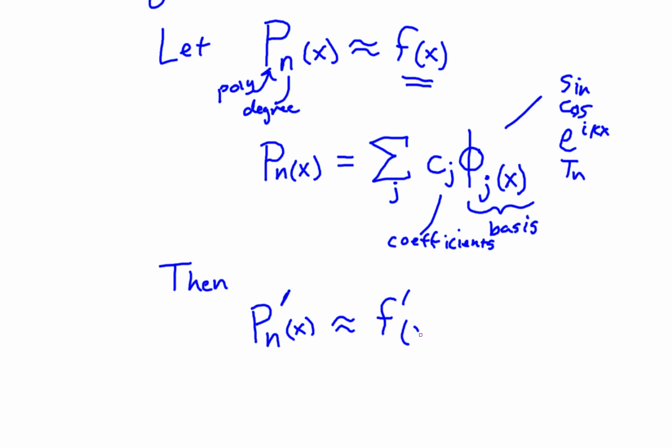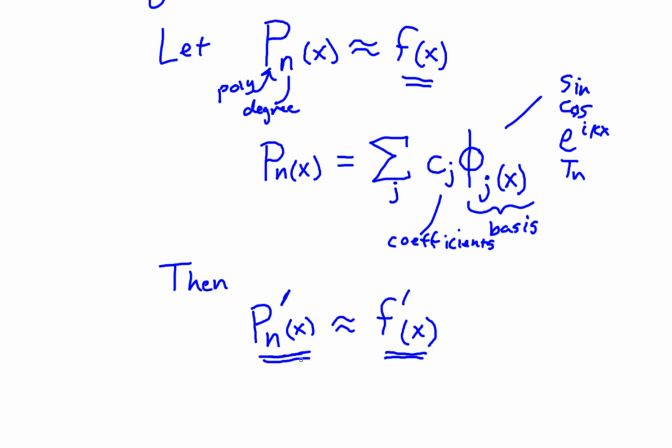So the unknown derivative of f can be approximated to the same degree of accuracy by the derivative of the polynomial that approximates it. Why is this handy? Well, we know derivatives of polynomials. We don't know derivatives of arbitrary functions f. But if we can figure out how to represent the function f as a collection of polynomials, then we can also represent its derivative as a collection of related polynomials.